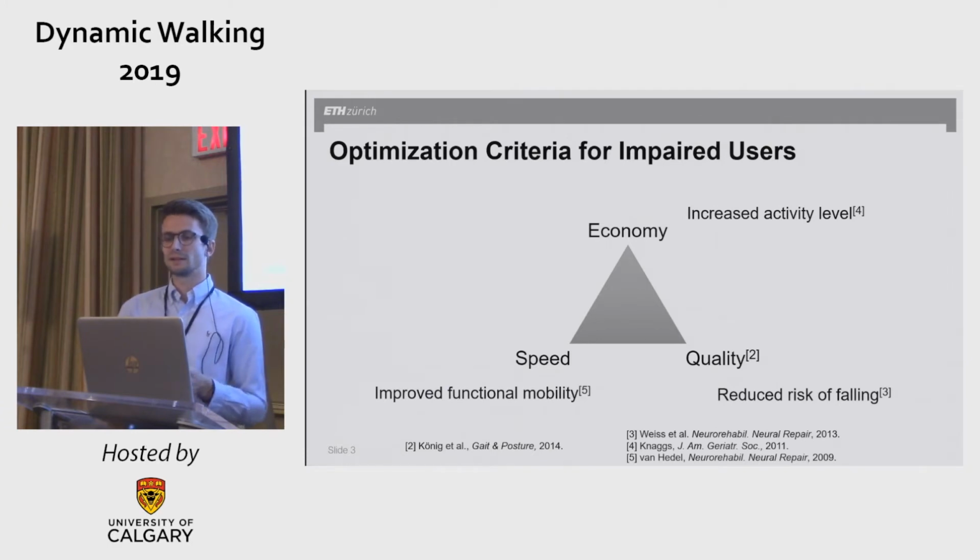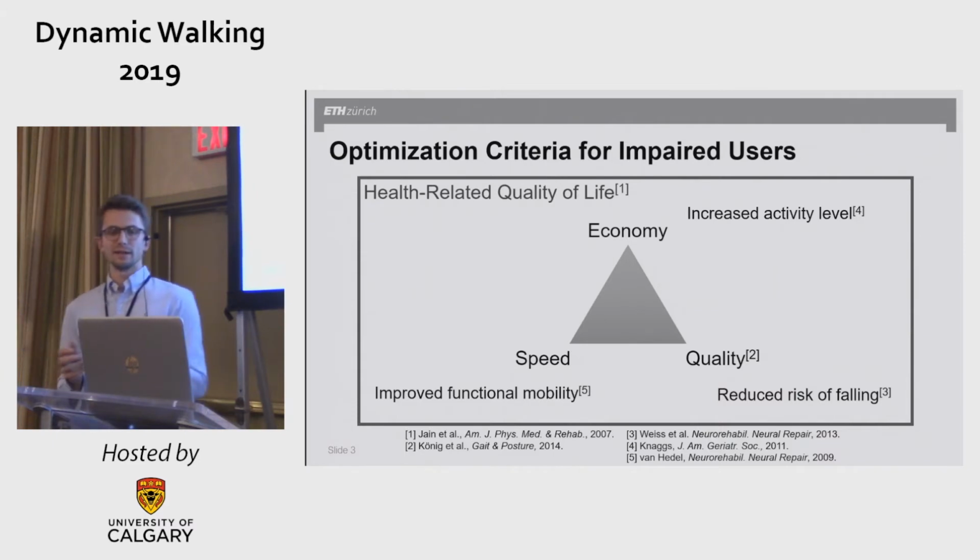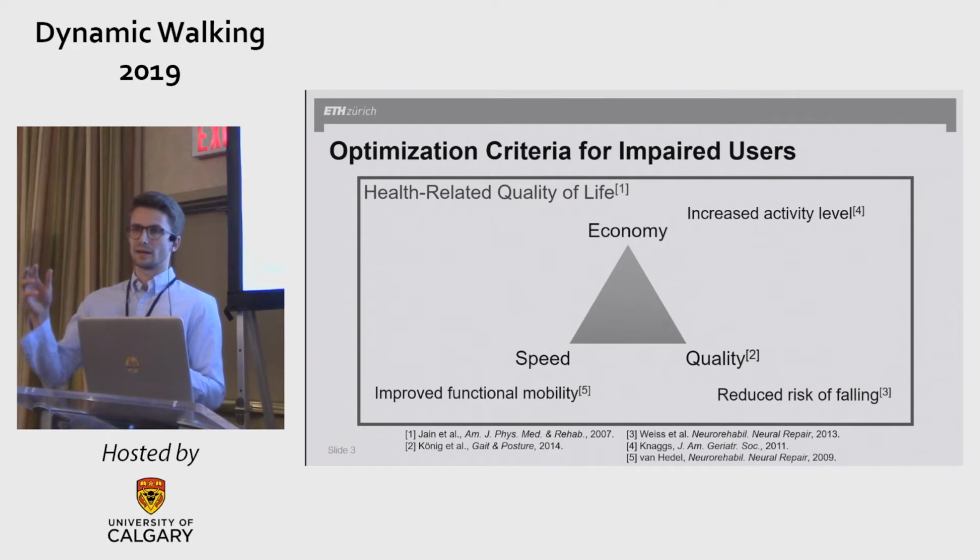And the rationale behind this is that economy, for example, can be associated to an increased activity level in our target population, but increased speed, for example, is associated with improved functional mobility and improved gait quality with a reduced risk of falling. And the overarching thought here is that by optimizing those three parameters, we might in the end move towards a direction where we are in fact optimizing the health-related quality of life.